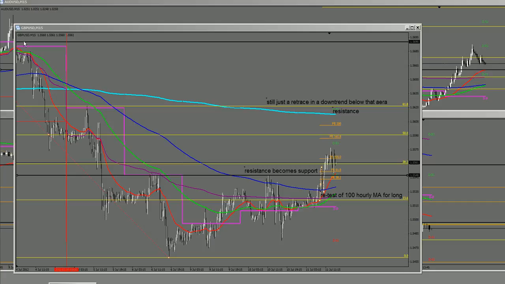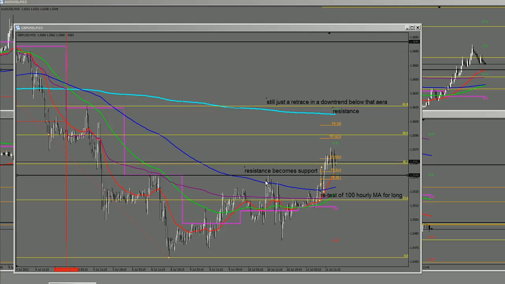So here's a cable chart also in the 50-minute time frame. Yesterday cable already tried to break higher. It failed miserably here, but at least it tried to break above the blue line, above the 100 hourly MA. We also had that resistance level which got tested, also failed to break higher, and then moved lower.